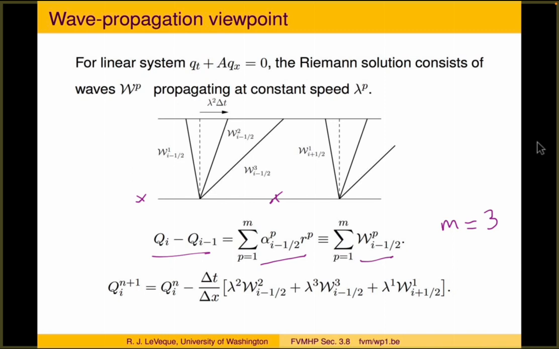And then the new cell average for this particular cell qi would be the old cell average as modified by each of these waves.